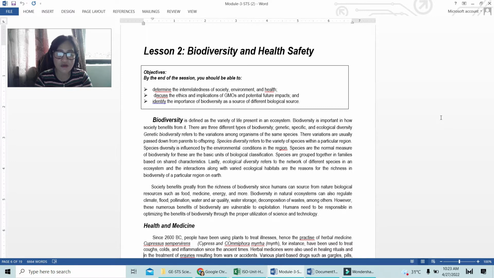If we don't have biodiversity, we have no future for humanity, because we cannot live without biodiversity, or the life and the variety of living organisms that contribute for us to breathe, or to continue living. So that is biodiversity.